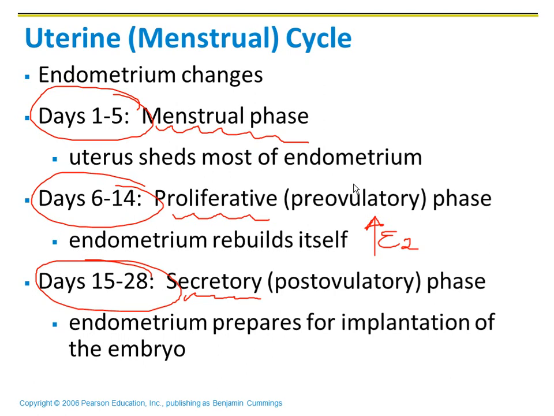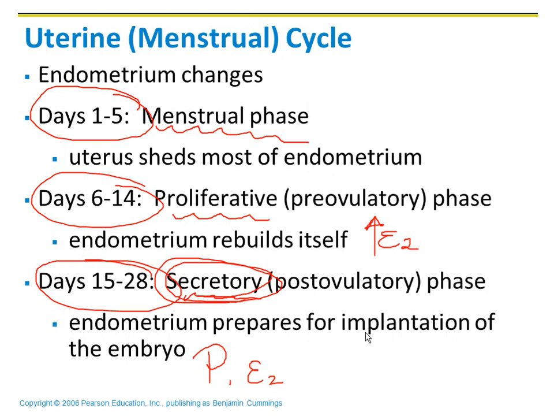Then we have ovulation, and then after ovulation, remember, we got a lot of progesterone and then some estrogen. That lots of progesterone and then some estrogen finds its way to the endometrium, where it enters the secretory phase. It grows somewhat as well, but it prepares for implantation of the embryo.